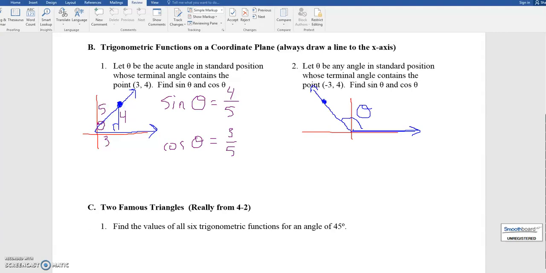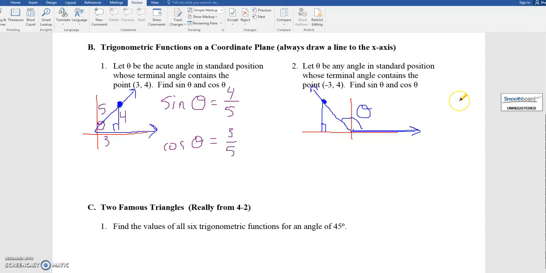We're going to do the same method. From that point, (-3, 4), I'm going to draw a line straight to the x-axis. And I'm going to use the right triangle that was formed. So if I highlight this a second, this right triangle, I'm going to be talking about that. I want you to think about what side lengths I have.